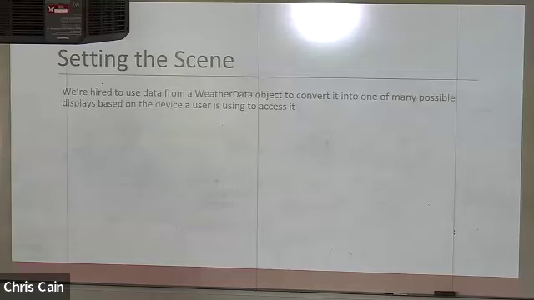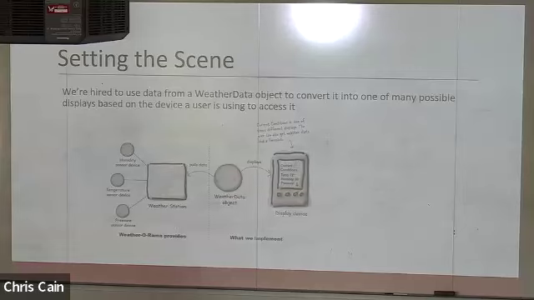So we're going to pull information from this weather station. The weather station has a bunch of different devices for measuring the temperature, the humidity, and the pressure. Then we have an object that just queries the weather station and says, what's the current state of the weather? We then need to parse that and create some kind of display that the user is going to access.